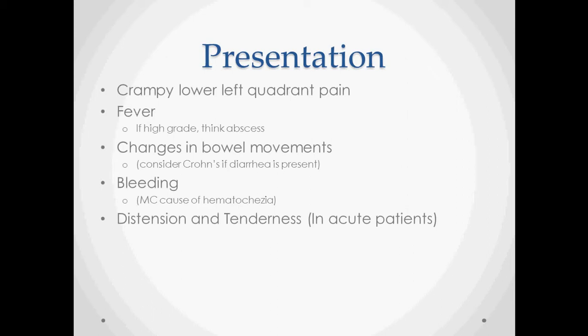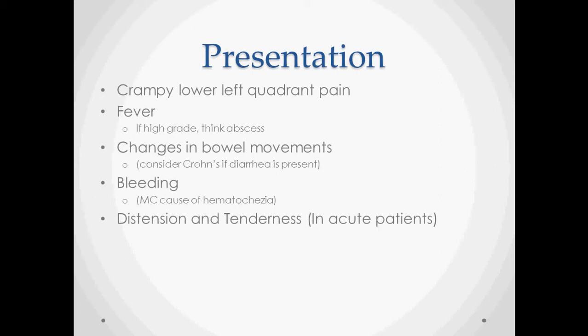So we're overlapping with the people that get diverticulosis, so you're going to want to differentiate between these two. And bleeding is common. Now, most people are going to show up without bleeding, but diverticulosis is still the most common cause of hematochezia.